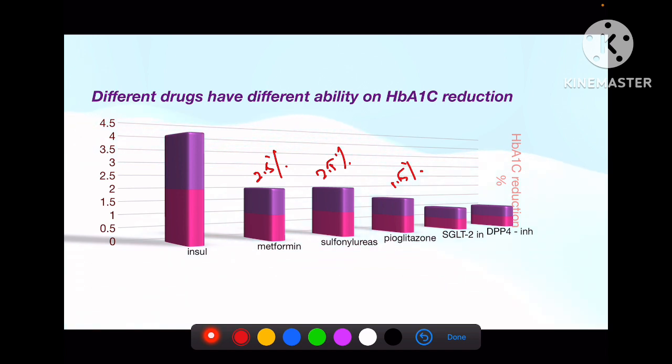All these new drugs have the same ability to reduce HbA1c by 1%. So you have to understand here, according to our drug category, each has a different ability to reduce HbA1c and achieve your glycemic control.